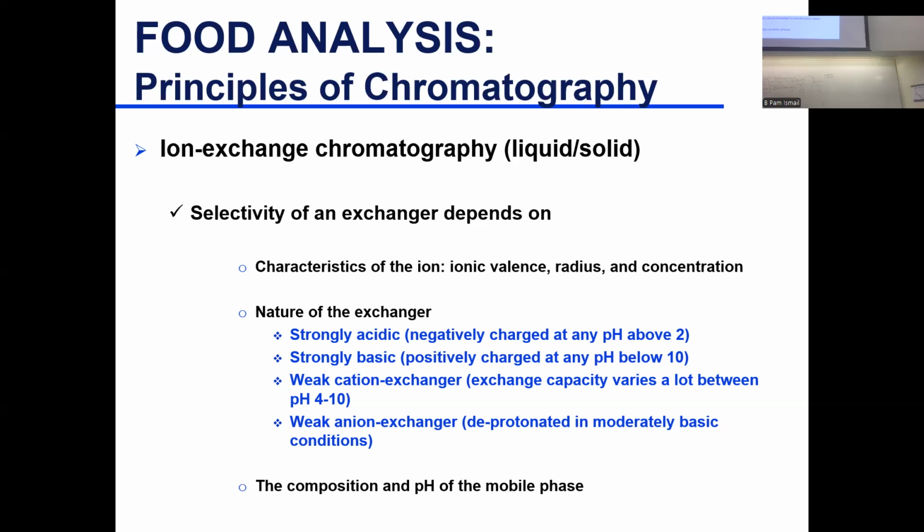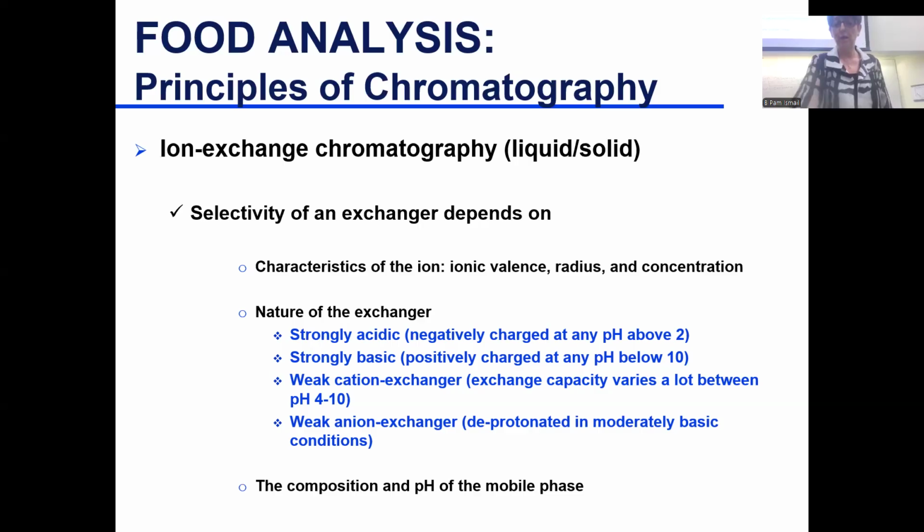So changing the pH, or I can add salt. If I add salt, the Na plus will also displace these, and then they will leave the column. So usually I pick weak acid and weak base exchange if I have very similar molecules with different loads of charges, so I can change the pH and adjust the strength of the mobile phase.